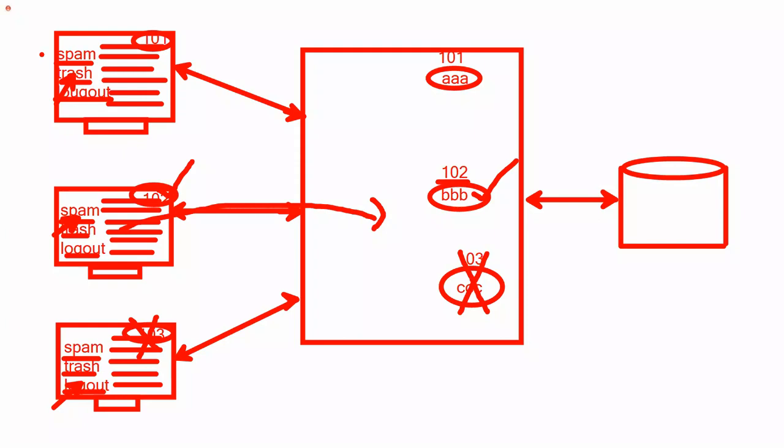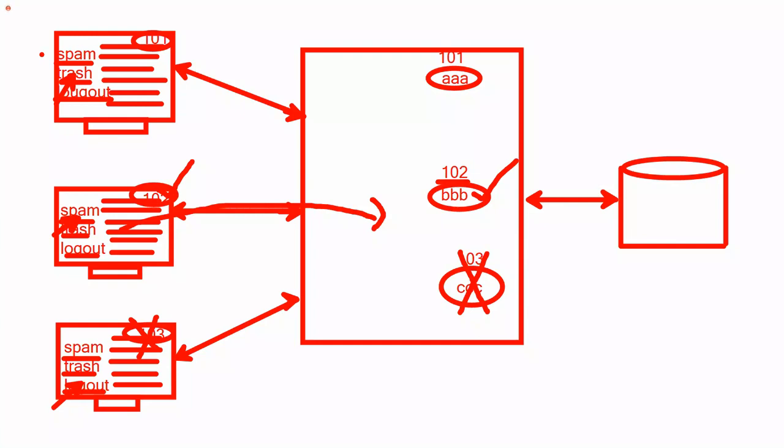So whenever you click on login until you click on logout, the username and password are stored somewhere. That is the session tracking mechanism. With that only, the server knows who clicked, whether the AAA user, the BBB user, or the CCC user clicked. This concept is called the session tracking mechanism. We can also call it session management.